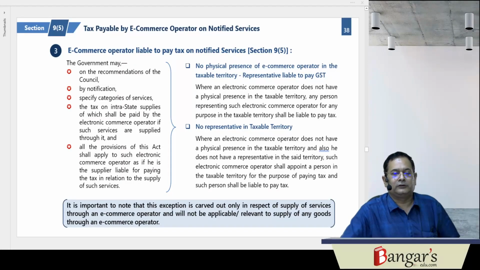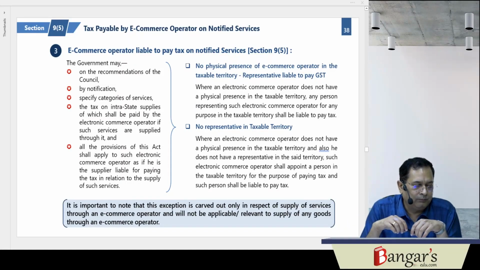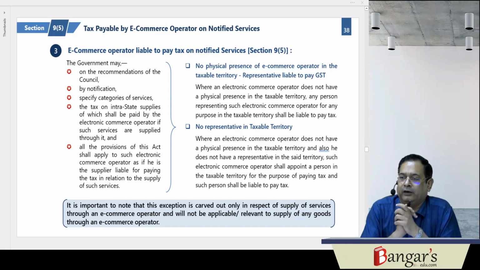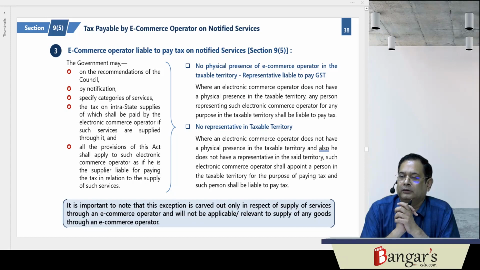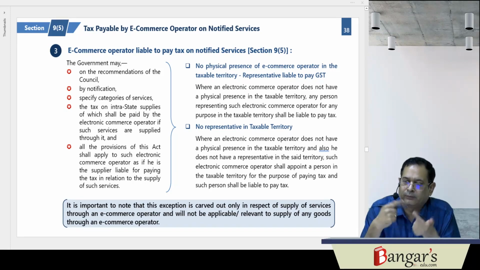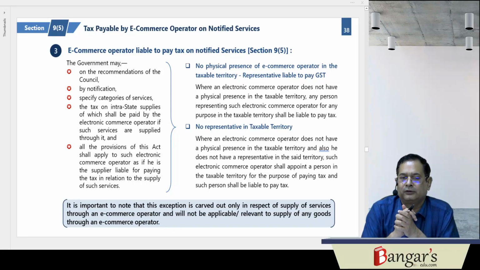Now we'll be discussing section 9.5. Basically what section 9.5 states is, in respect of certain specified services, the e-commerce operator will be regarded as a supplier of the service, and he will be required to pay GST.